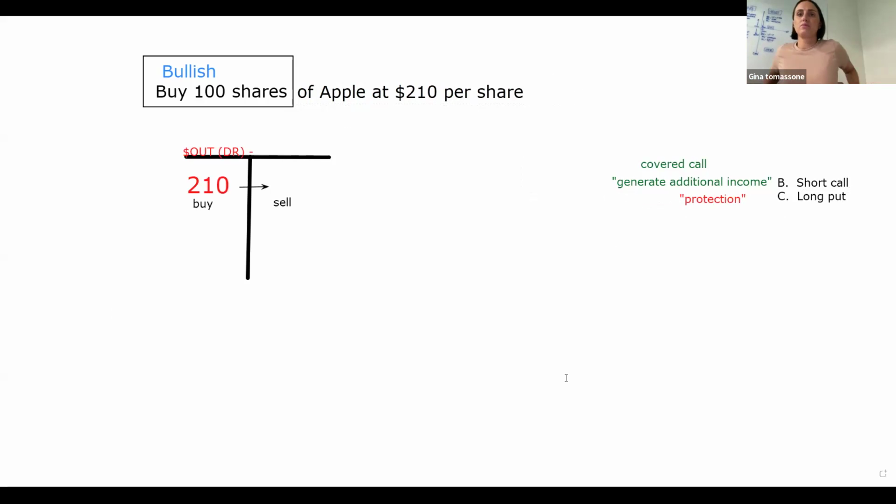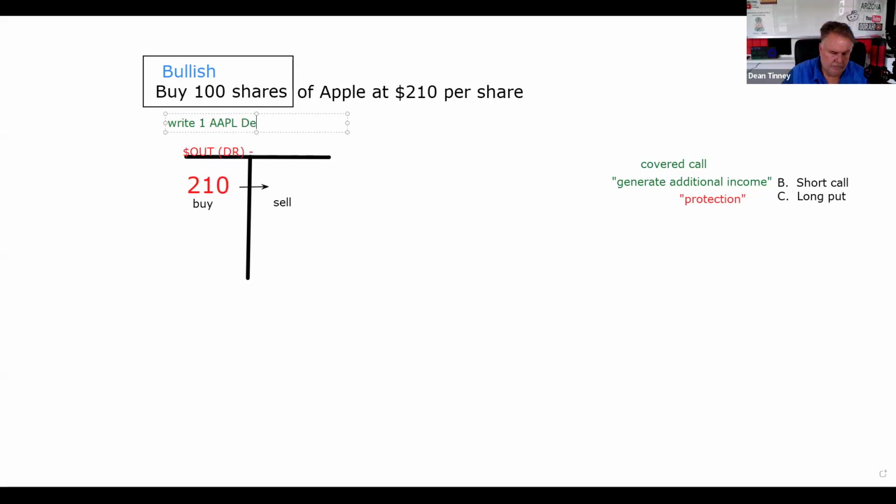Two things we can do. We can be interested in a partial hedge. What I mean by a partial hedge is we're going to lower our out-of-pocket costs. The floor is still zero, but remember, we're now writing one Apple December 215 call at 9.